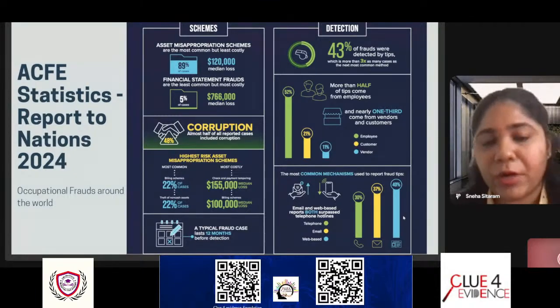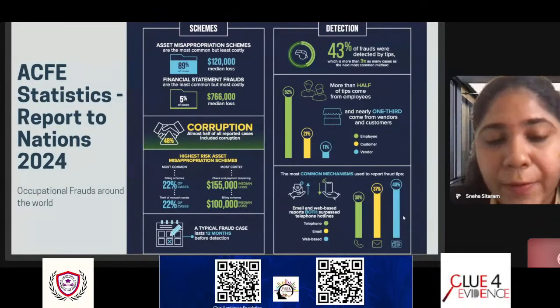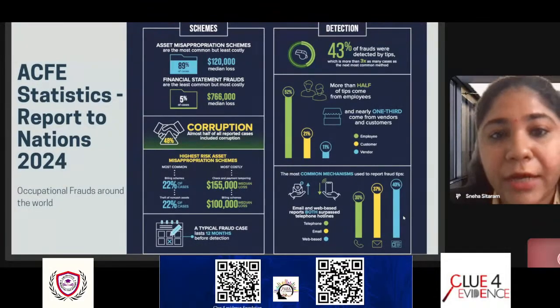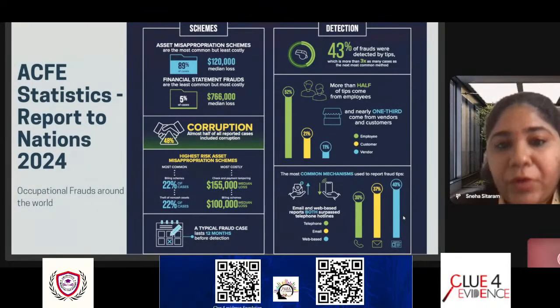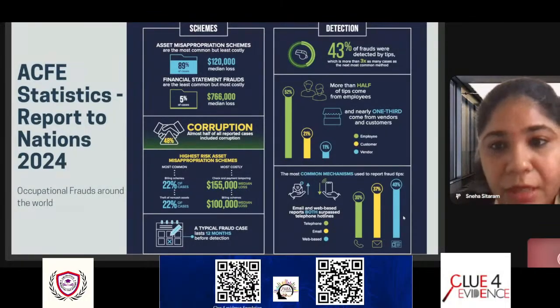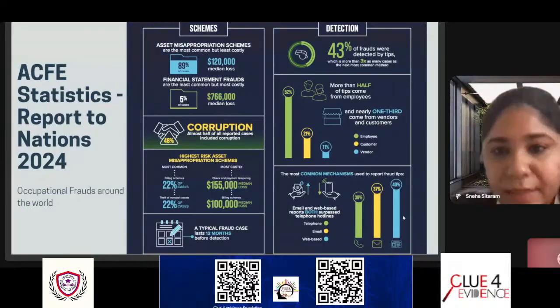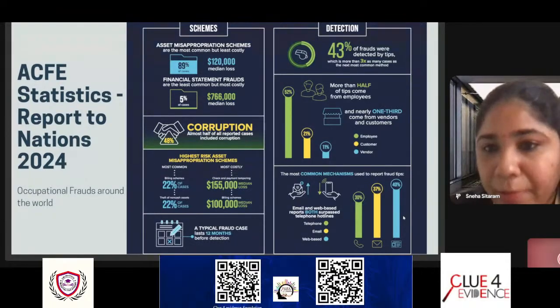If any of you are working in an organization, you would be able to relate to how tips are carried out, and how your anonymity is maintained while reporting any situation. That is also taken care of in some organizations, where the ethics and legal team also play a major role in the reporting and whistleblower mechanisms.